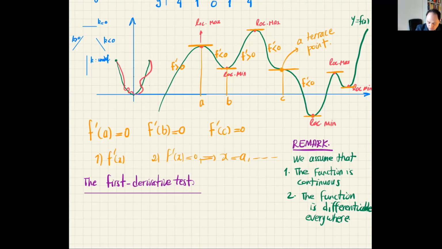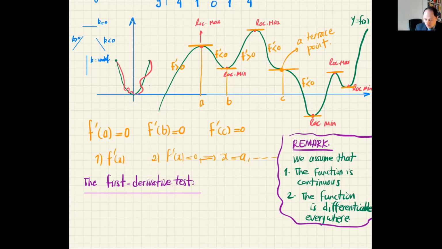So let me write this here, to put it in a box. Whenever we are talking in this chapter, we are talking about functions that are continuous everywhere and differentiable everywhere. Continuous means that I can draw it with one pen stroke. Differentiable means that I do not have any sharp points, and I do not have any points at which the tangent line is vertical.